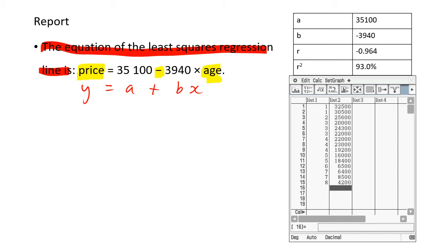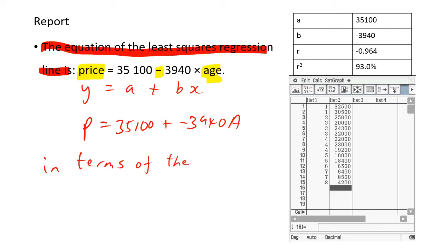Don't go around writing this like price equals 35,100 plus minus 3940 a. By the way, you could just use p and a. That's fine, as long as you just don't use y and x. That means that famous phrase, in terms of the variables, is a code phrase.